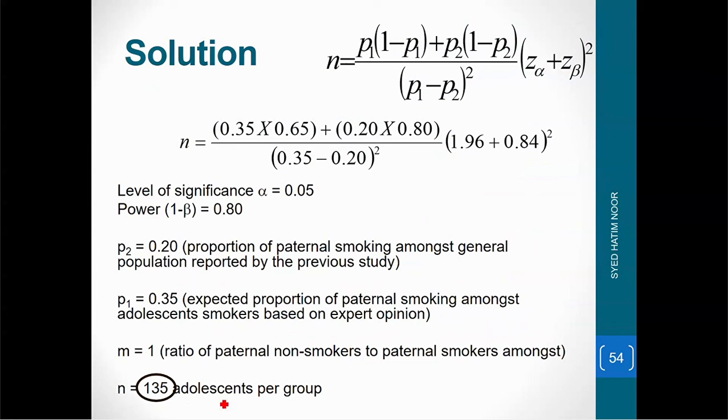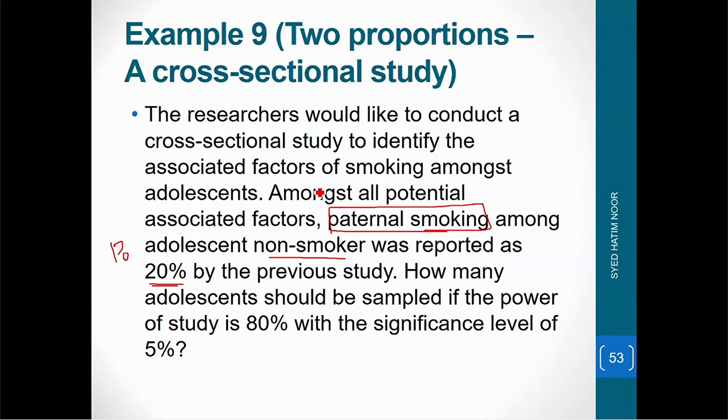So you got the sample size. Sometimes the tricky part is they don't give any value for P1. You estimate yourself. If you estimate 15%, this is less.